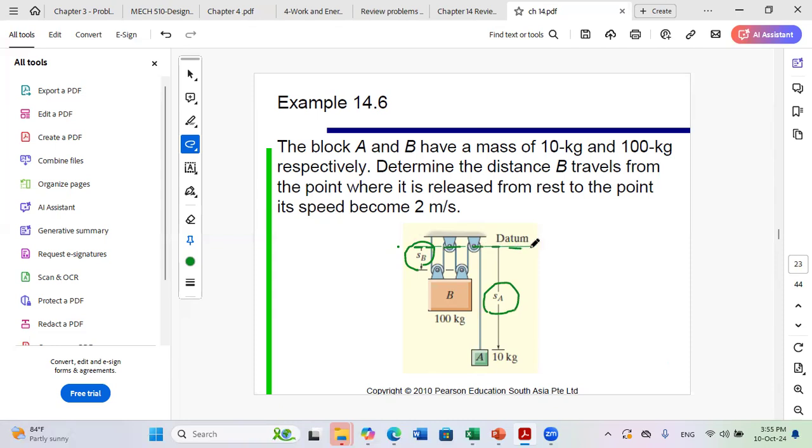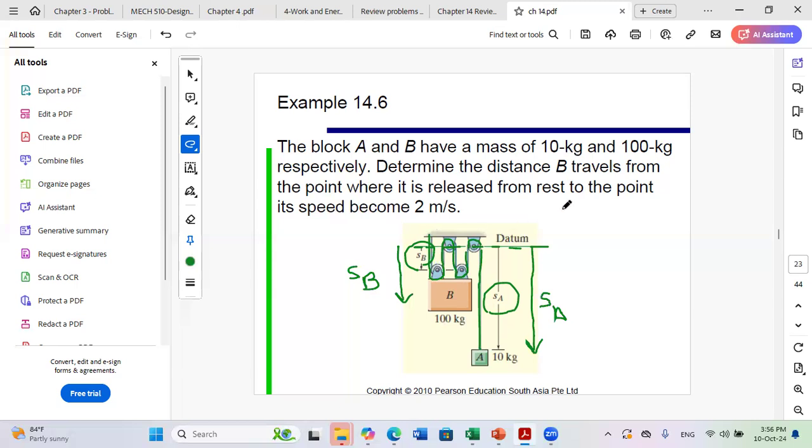So I consider my horizontal datum, and I say I need two coordinates, one for block B, so this is SB, and one for block A, this is SA. And now if I go through my chord, I have from this point to this one SA plus a constant, then SB plus a constant, SB another time plus a constant, SB a third time plus a constant, and SB a fourth time plus a constant.